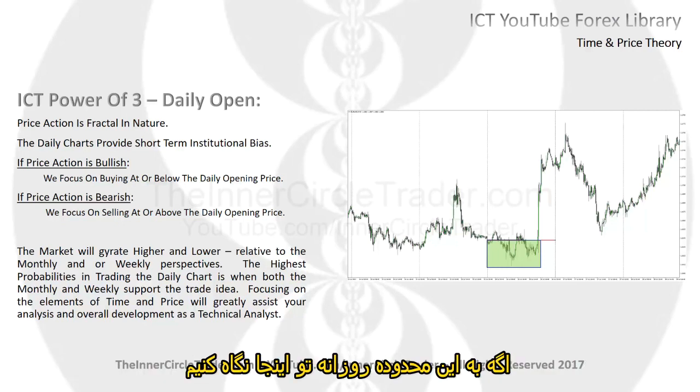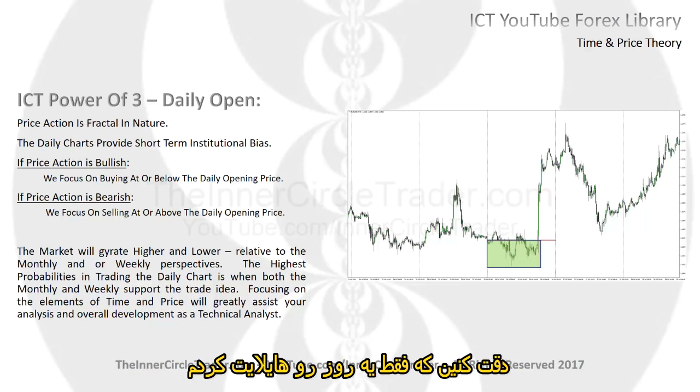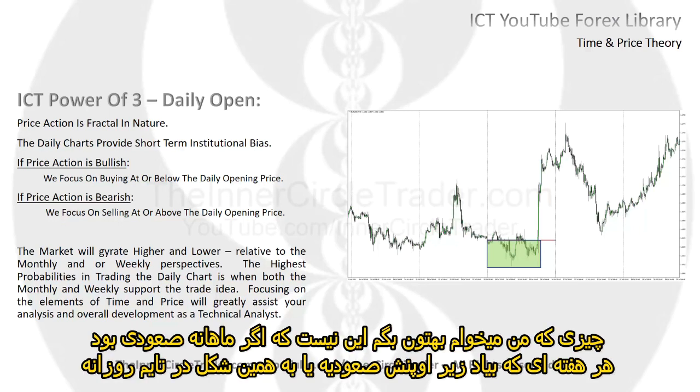If we look at this representation of a daily range here, notice I'm only highlighting one specific day. The teaching that I just gave you here is not to promote the idea that if the monthly is bullish, every week's going to be bullish below the opening, and/or every day is going to be bullish below the daily opening.